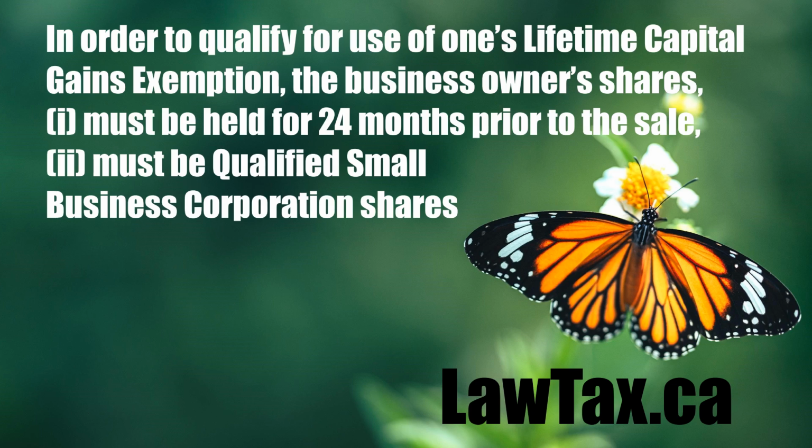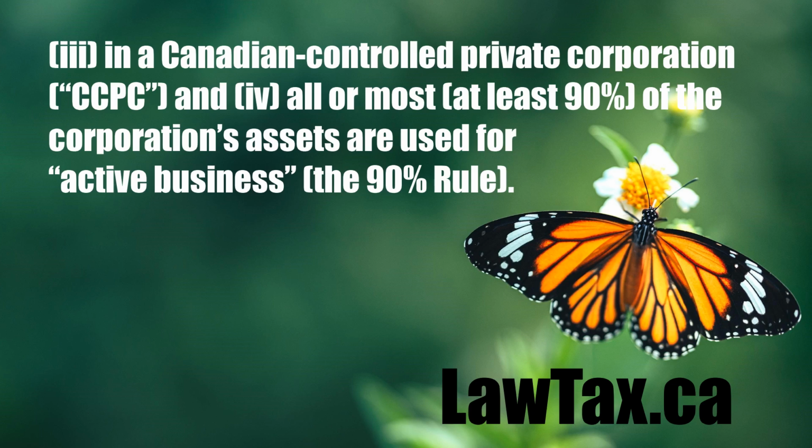In order to qualify for use of one's Lifetime Capital Gains Exemption, the business owner's shares, 1, must be held for 24 months prior to the sale, 2, must be qualified small business corporation shares, 3, in a Canadian-controlled private corporation, CCPC, and 4, all or most, at least 90%, of the corporation's assets are used for active business, the 90% rule.